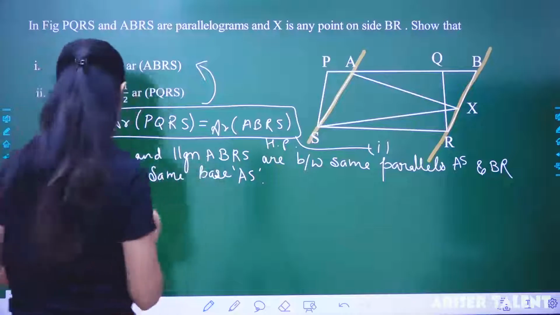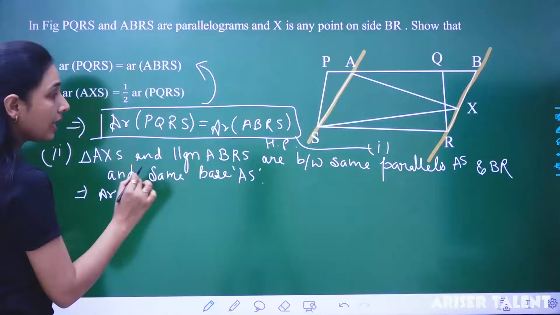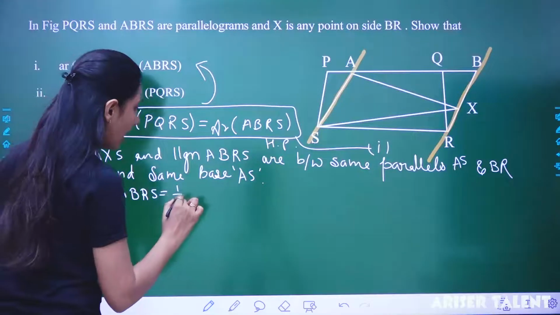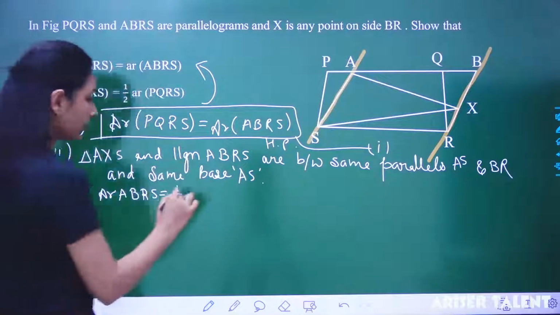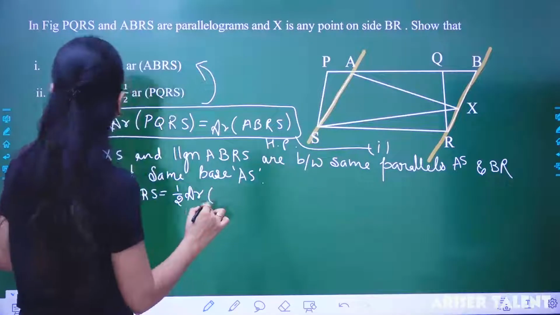Correct? Okay. This implies that area ABRS is equal to half area AXS.